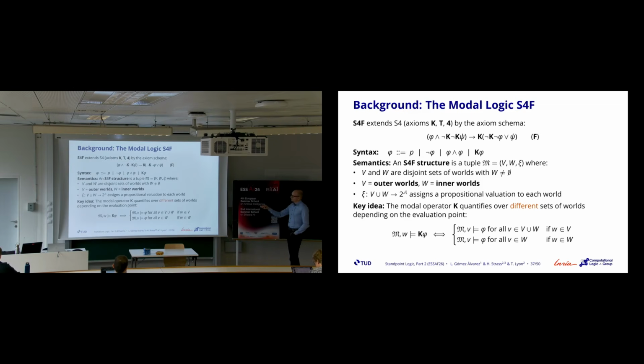So that's the syntax. And in the semantics, we again have structures. And these structures, so these S4F structures, are special forms of Kripke structures. So you have worlds and you have an accessibility relation. However, because the accessibility relation is always more or less the same, the structures are a bit restricted. So we only have two sets of worlds. So they must be disjoint.